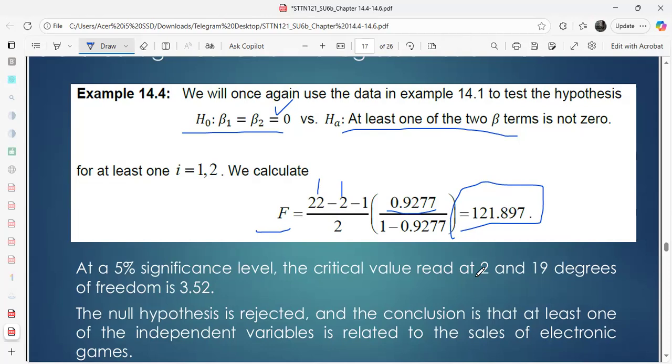Now, since you got the test statistic, here we need to check whether we reject the null hypothesis or fail to reject the null hypothesis. Remember, you will be given alpha, the level of significance, either 10%, 1%, or 5%, but here we're given 5%.